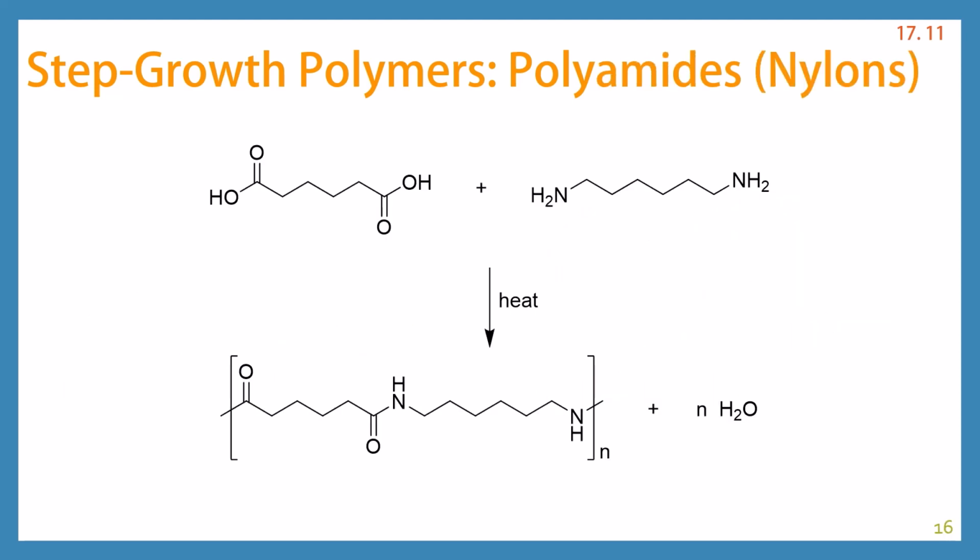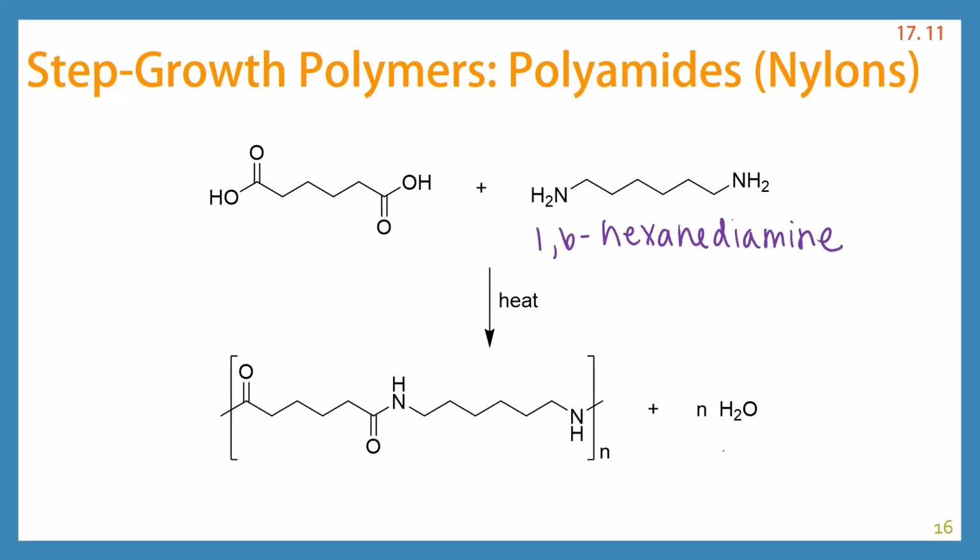Another type of polymer that you can create through carboxylic acid derivative chemistry is to take a dicarboxylic acid and add in a diamine. This one is called 1,6-hexane diamine. And when it's reacted with a dicarboxylic acid, it gives us a polyamide.